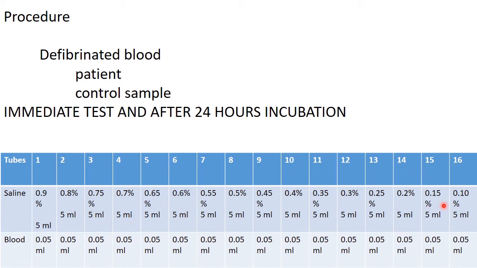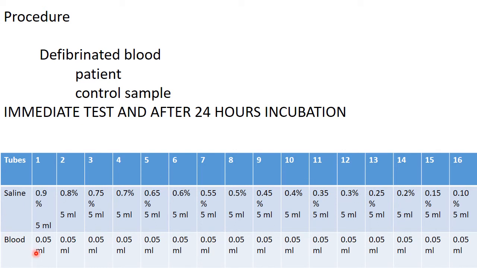As shown in the columns, please add the saline, from test tube 1 to test tube 16, starting from 0.9% concentration to the last 16th tube at 0.1% concentration. Each tube you will be adding 5 ml of saline.